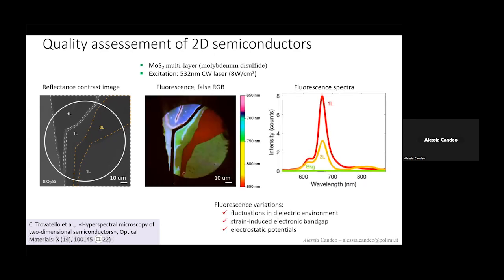But then when we looked with the fluorescence and our camera, it was quite obvious that there was, yes, a bilayer present, but also the monolayer was not very homogeneous. It didn't have a good quality because the emission of the fluorescence was not even. And this can be due to strain induced electronic band gap variations, or in general fluctuations in the dielectric environment.